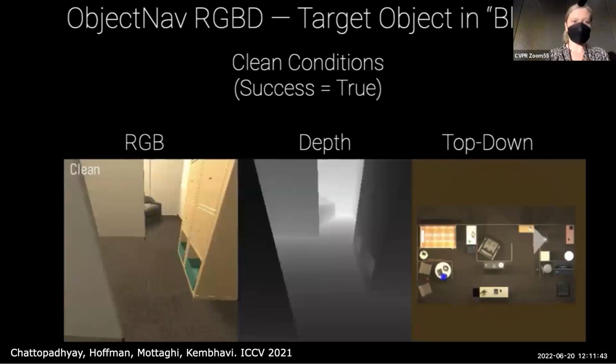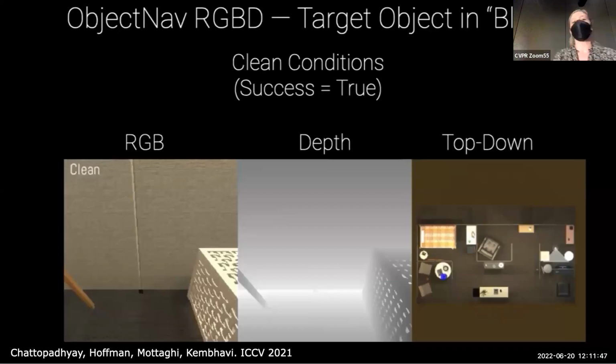Oh, for some reason the videos aren't playing. Just imagine that there's a video. I'll describe what it would show. So in general, what would happen is the agent would be able to perfectly navigate, both successfully but also quickly, to the target of interest.